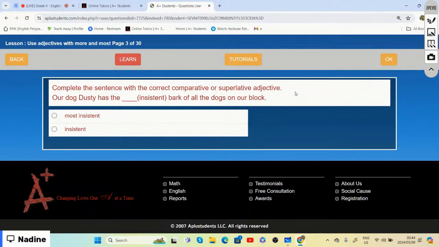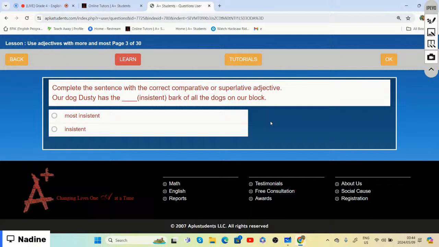Our dog Dusty has the, do we say he has the most insistent bark of all the dogs in the block? We are comparing him to all the other dogs on the block, which is superlative. Or do we say our dog Dusty has the insistent bark of all the dogs on our block? So do we say most insistent or just insistent?